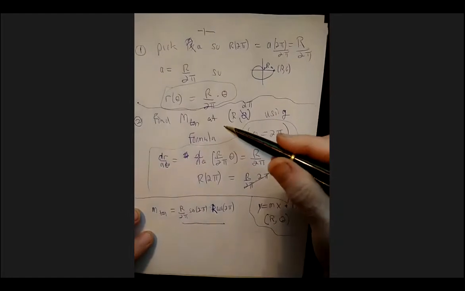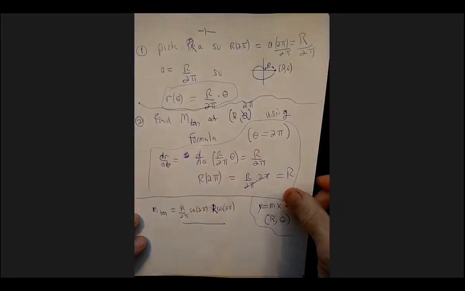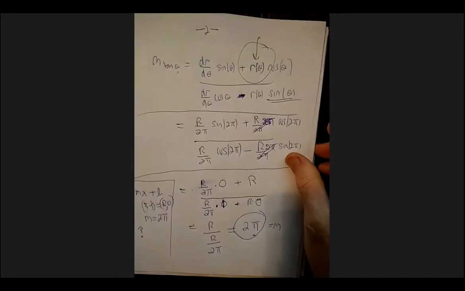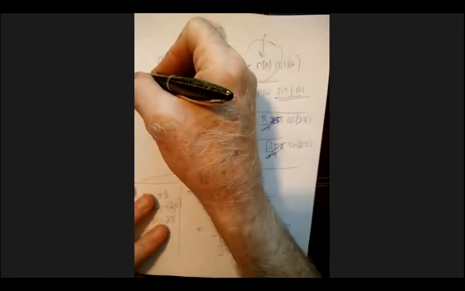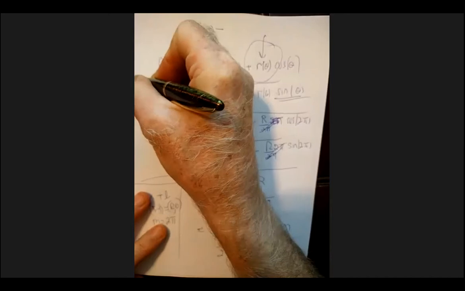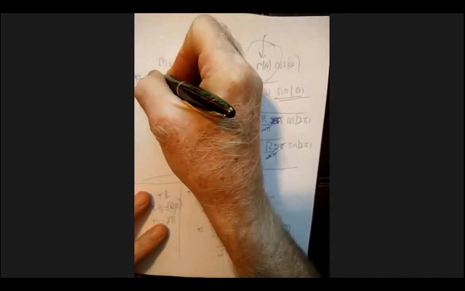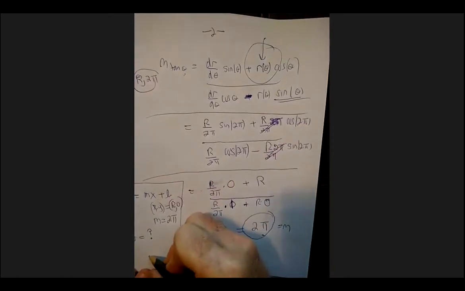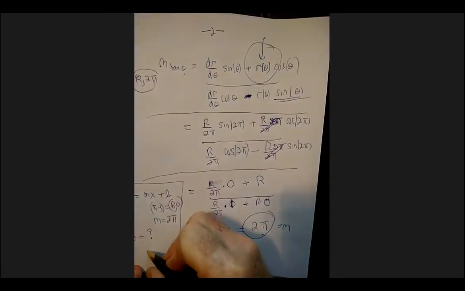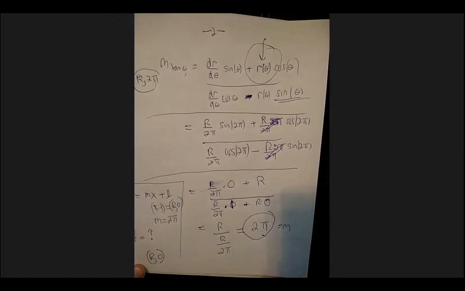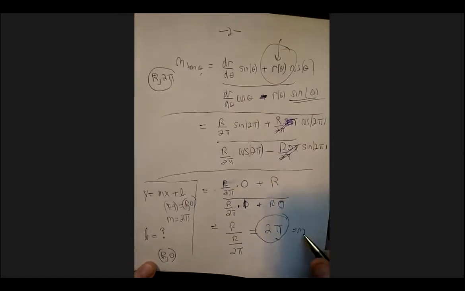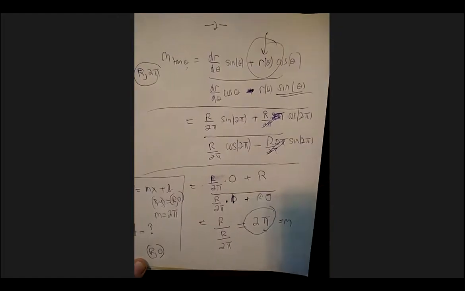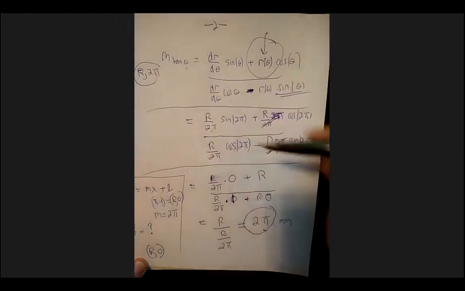Then we want to find the tangent at this, and using the correct formula over here, the point of tangency is going to be r(2π), because here we're using polars. When we get to the line, we're using x and y, so we're going to use the point (r, 0). Okay. And again, if you put a 0 in here or a 2π, it's going to give you the same answer. But you need the 2π here.